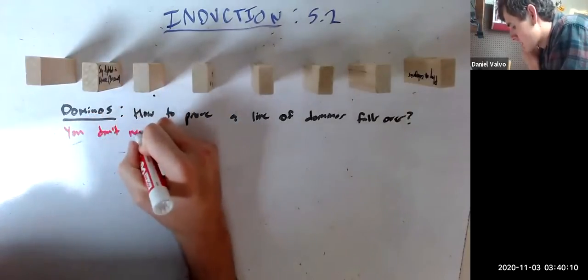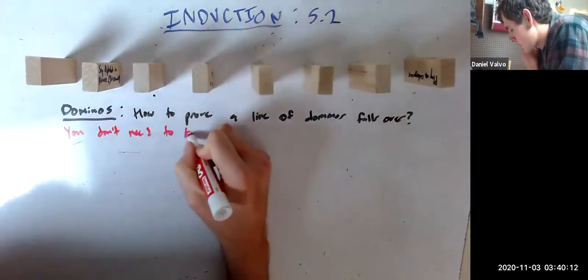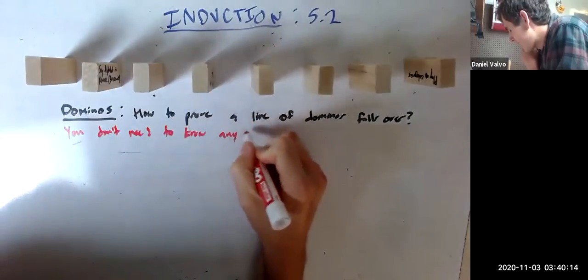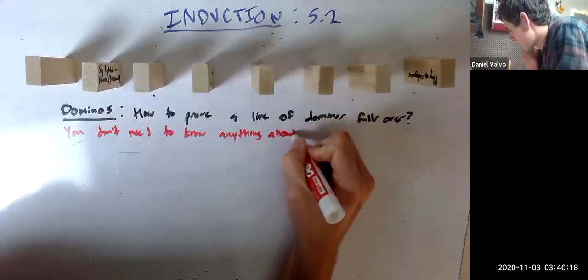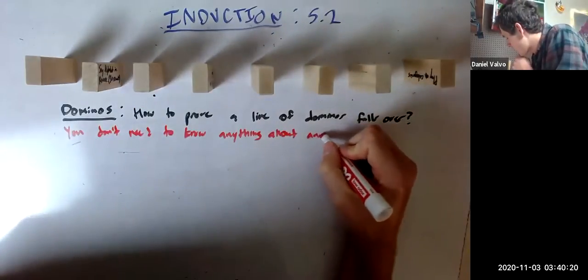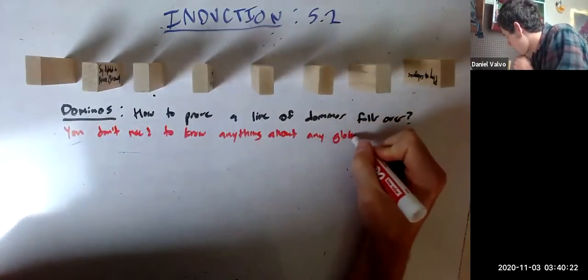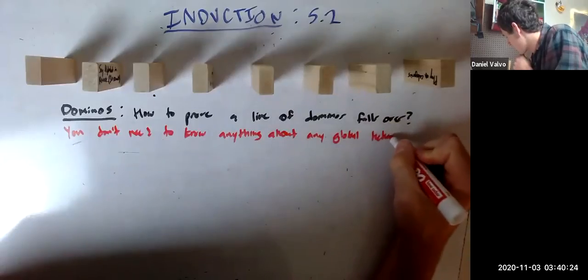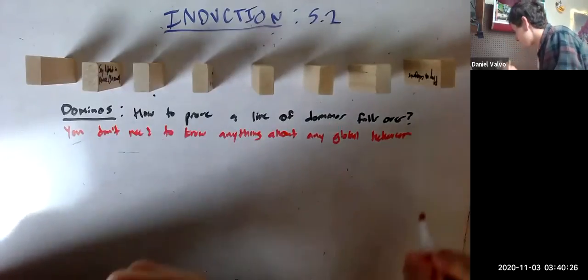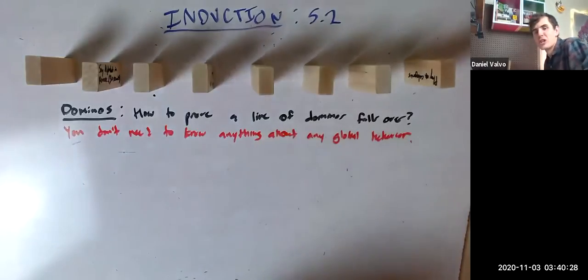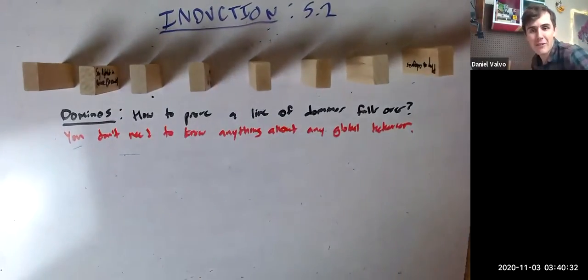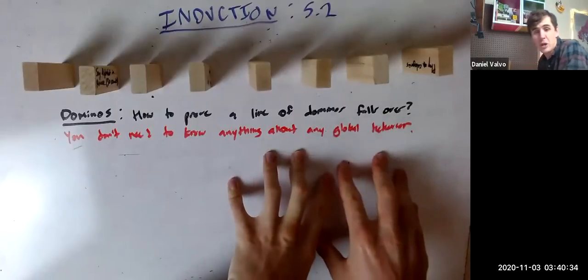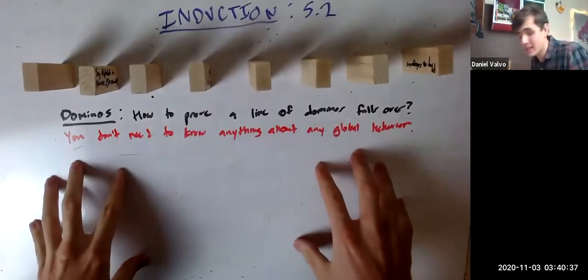you don't need to know anything about any global behavior. Global behavior is one of those words that makes sense if you've taken a lot of math, but maybe not if you haven't. Global and local are the two things here.